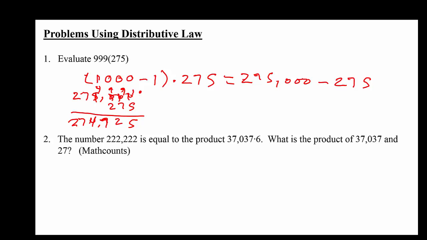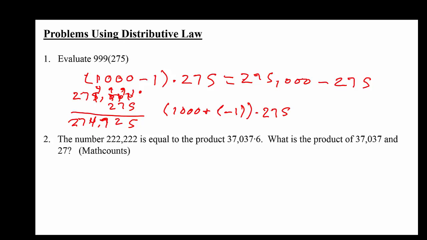Let's write it out. Instead of writing our 1,000 minus 1, let's convert it into an addition: 1,000 plus negative 1, as we saw back then. Let's write that as 1,000 plus the negation of 1, which is negative 1, and that's times 275.